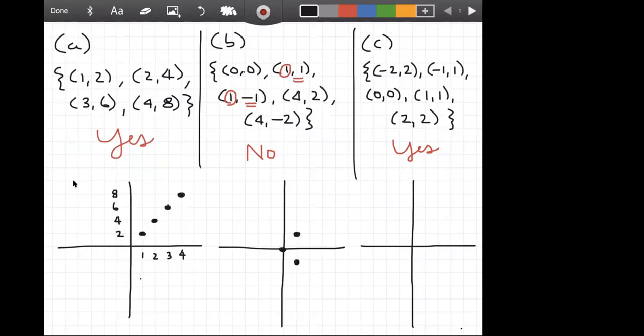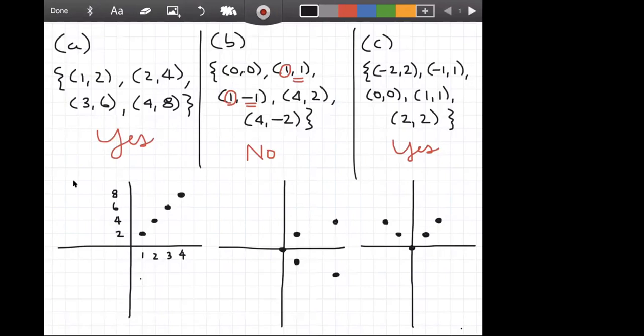Keep in mind that these two ordered pairs being together in the relation was what kept it from being a function. And we also have (4,2) and (4,-2). And then finally, in letter C, we have (-2,2), (-1,1), (0,0), (1,1), and (2,2).